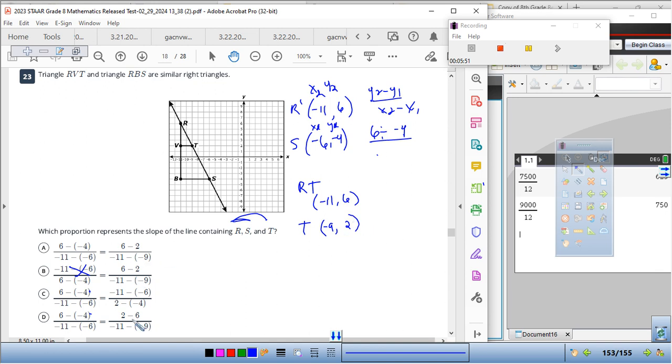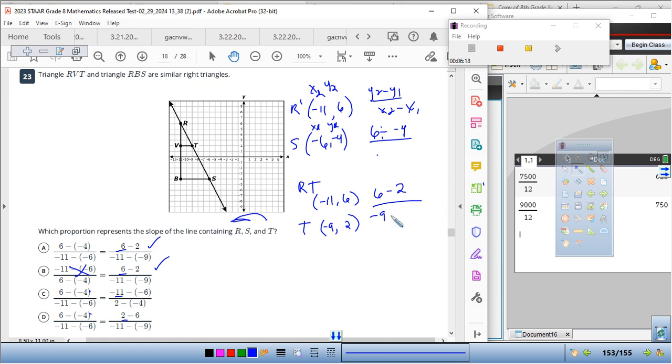They're starting off with a 2, so you can start off with either one. So I go with 6 minus 2, and we start off here.